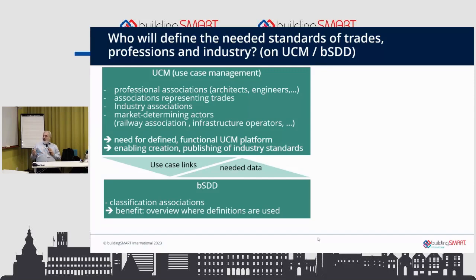It's not a single company, but it should be the professional associations, architects and engineers, construction companies, associations representing trades, industry associations, or some bigger market-determining actors like a railway association, the infrastructure operators. They have, of course, a better position because they just are the market.